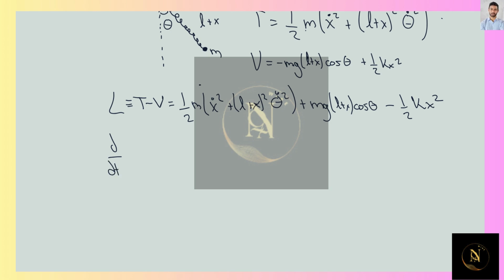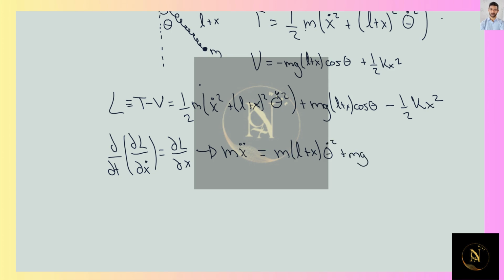The first one, with respect to x, yields the following equation, which you can verify: m x double dot equals m (L plus x) theta dot squared plus mg cosine of theta minus kx.